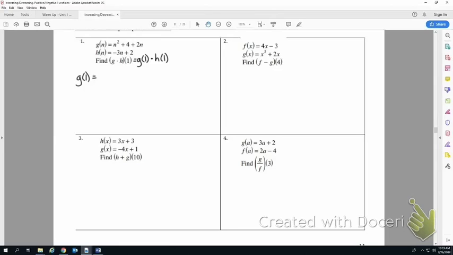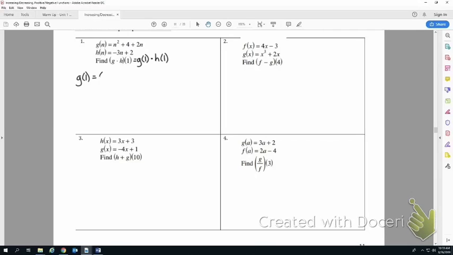So if I'm doing g of 1, I'm going to plug 1 in for n up here in g of n. Now, I've got two n's. So which n do I plug 1 in for? Both of them. Right? I've had some people in the past where they would look at that and, well, this is just n, so I'm just going to put that there, and somehow, I don't know what they do with that exactly.